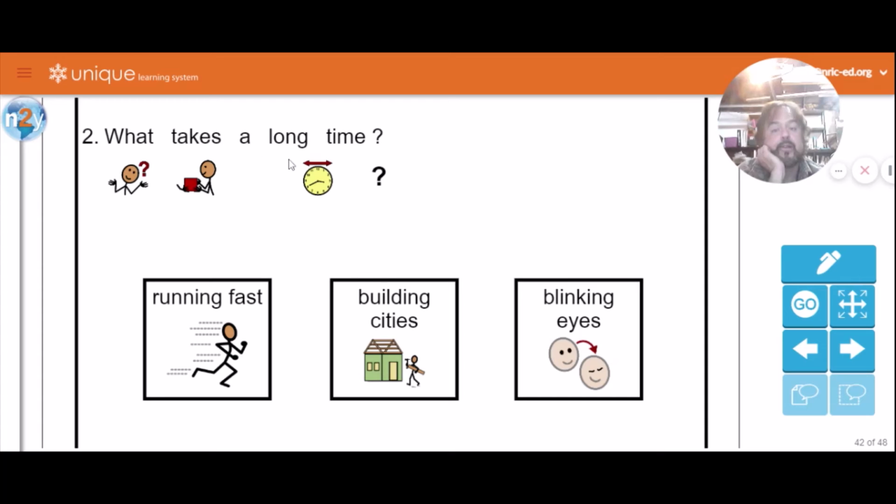What takes a long time? Running fast? Does that take a long time? Building cities? Does that take a long time? Blinking eyes? Does that take a long time? You're right. Building cities takes a long time.